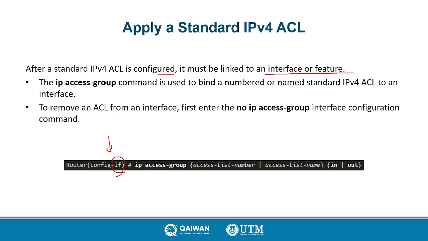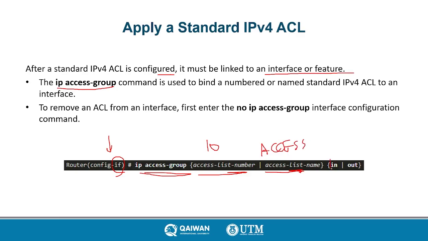The command would be ip access-group, and then the access list number or access list name. So we have two options: either a number like 10 or 11, or a name like ACCESS-DENIED, like before.